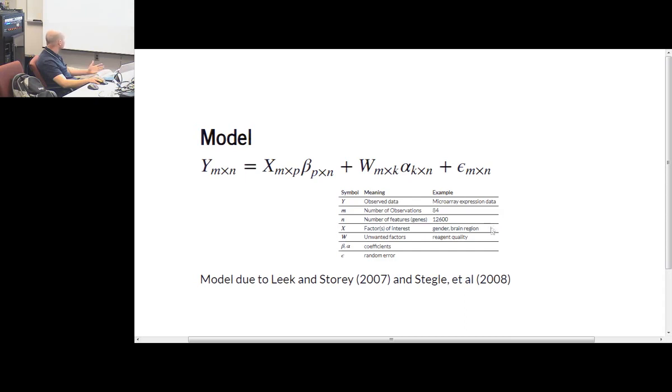X is the factor of interest, which might be something like gender or brain region. W are the unwanted factors. And very importantly, this W, typically, is unobserved. We don't know it. But it consists of things like reagent quality. And just to point out, this model is originally due to Leek and Storey and to Stegle in 2007 and 2008.